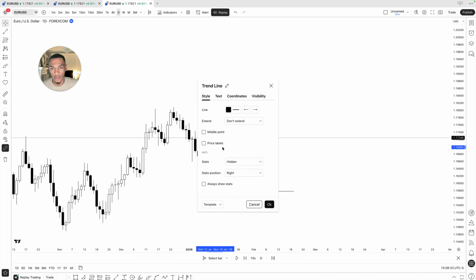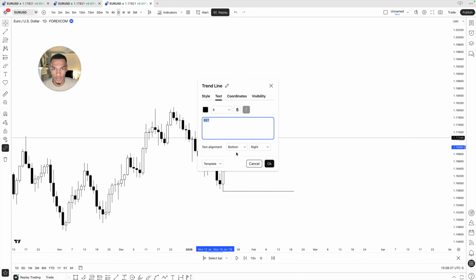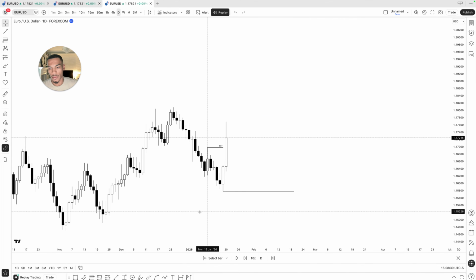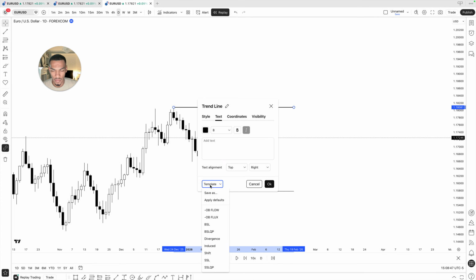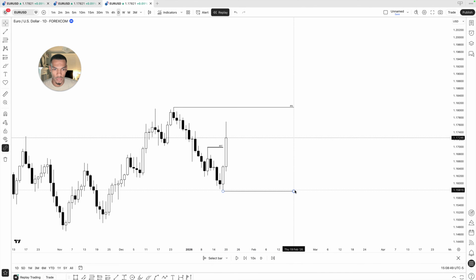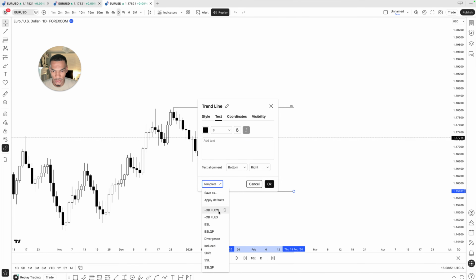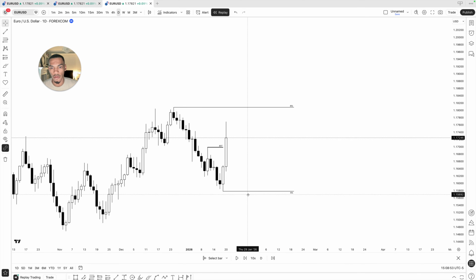This tells us that we are now shifting bullish. We have buy side liquidity up here, sell side liquidity down here. Again, super simple, super basic, right?